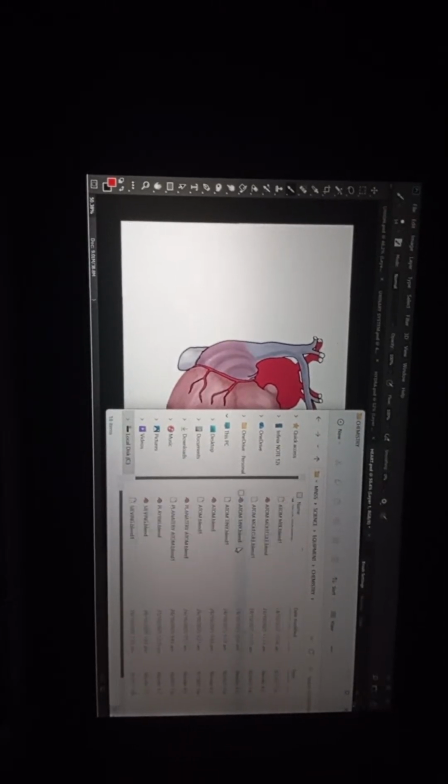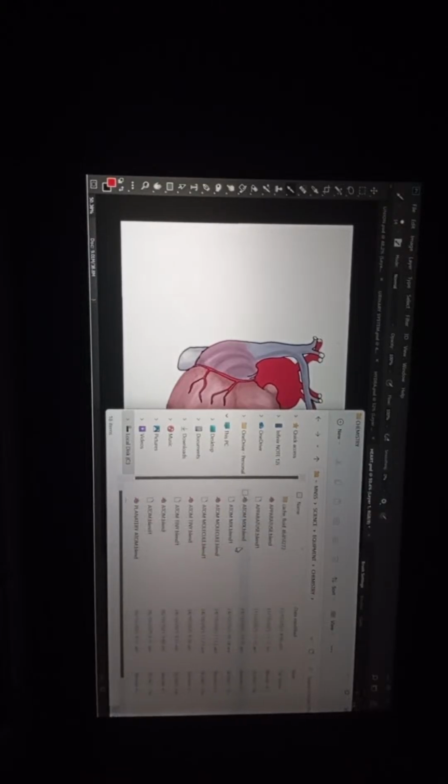This is another application that we use to make our videos. This application is called Blender. Blender is a very advanced application that creators or artists use to create content.